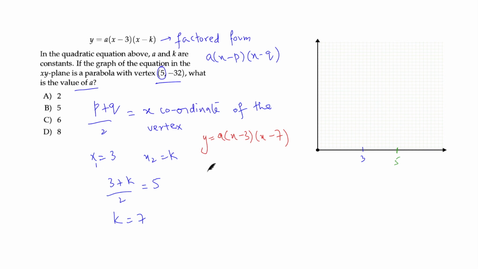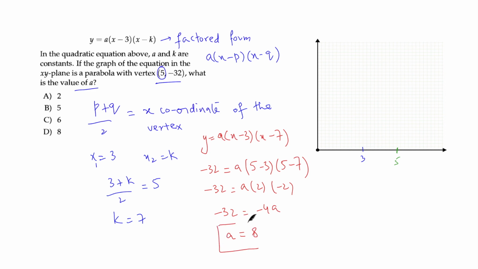So we have minus 32 equals a into (5 minus 3) into (5 minus 7). Let's do the math. We have minus 32 equals a into 2, and 5 minus 7 is minus 2. So we have minus 32 equals minus 4a, a equals minus 32 divided by minus 4, which is 8.